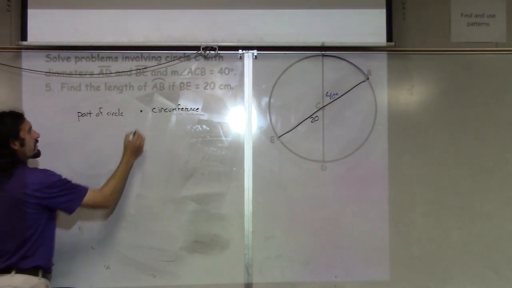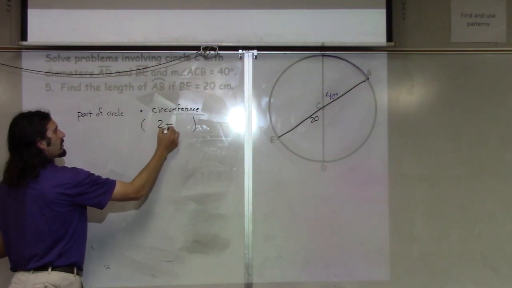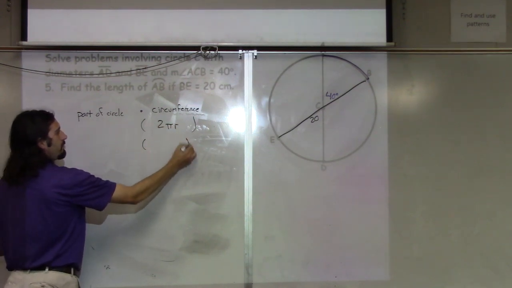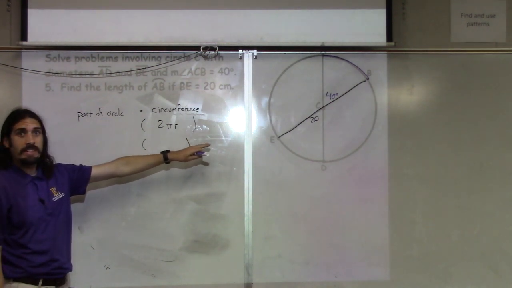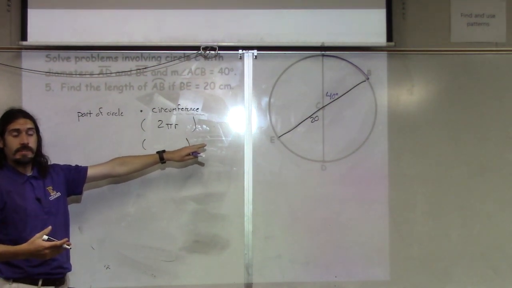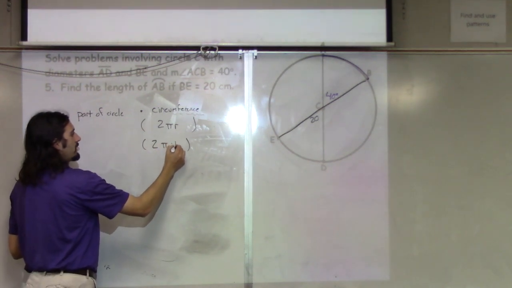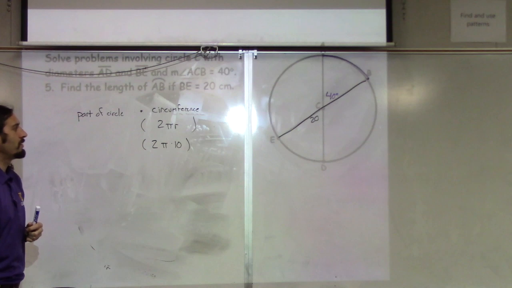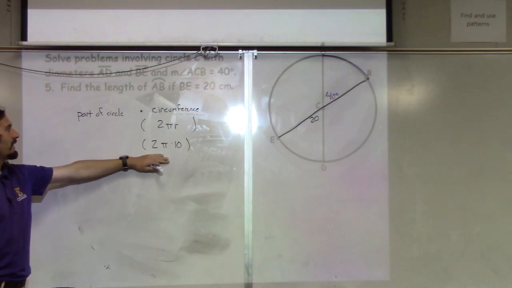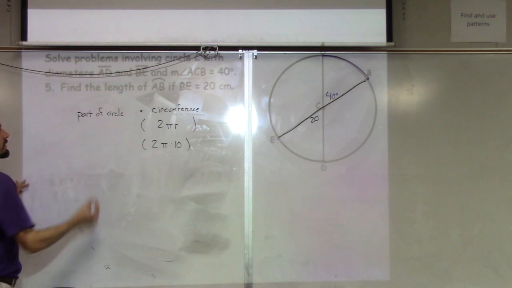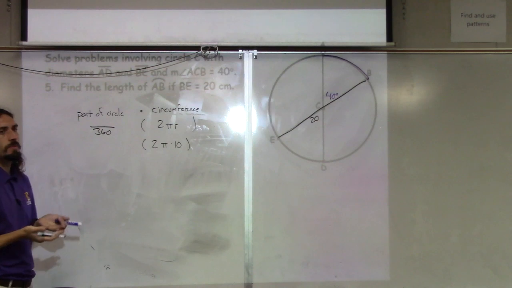So if we come over here, the circumference piece, let's do that first because we're pretty comfortable with that. That's our 2 pi r. And so in this case, if my diameter is 20, my radius is going to be half of that. Kind of belaboring the point a little bit because you're probably like, just use 20, why turn it into 10? That's fine. And so we've got our circumference formula right there, and then part of our circle. Really simple. We know the whole circle is 360, but we don't want the whole circle.